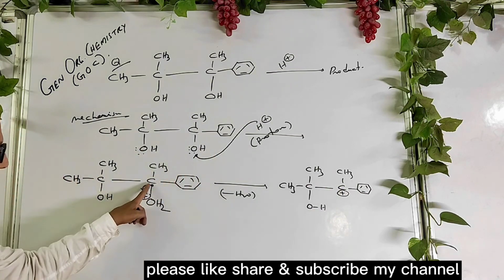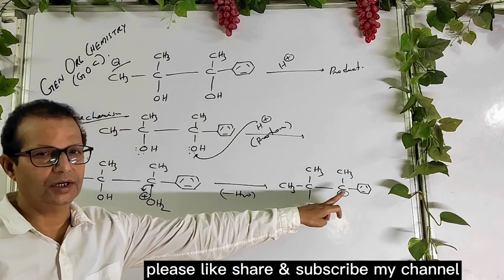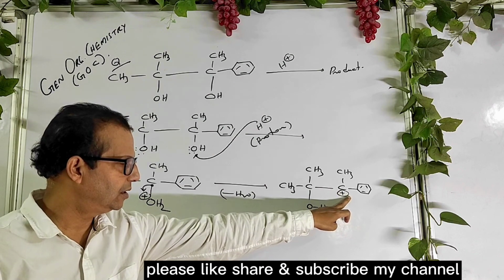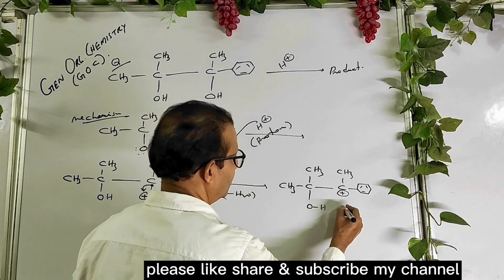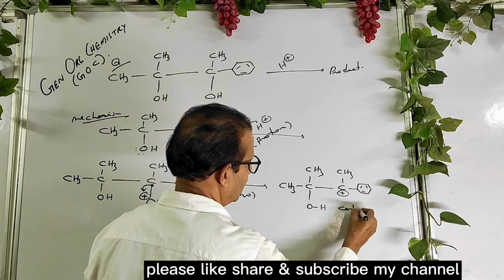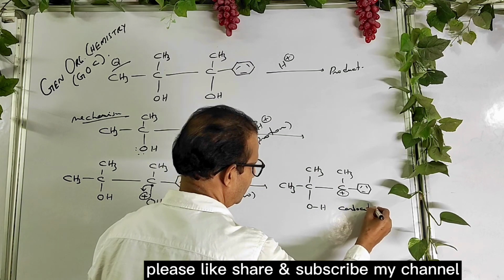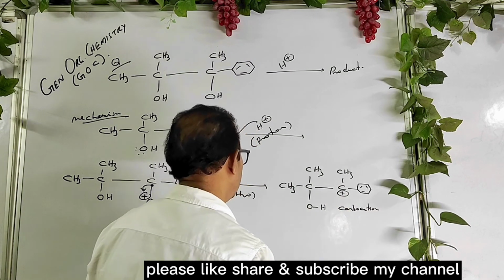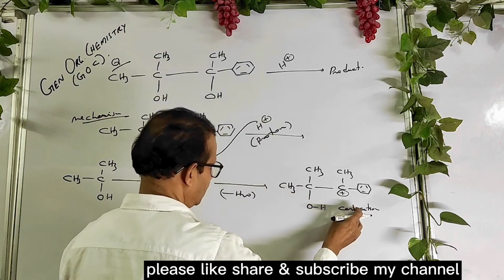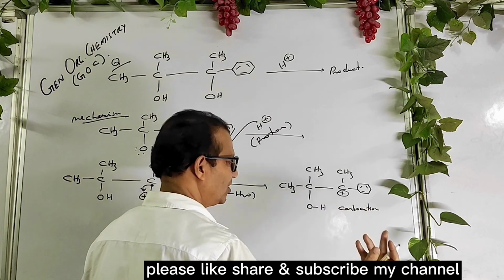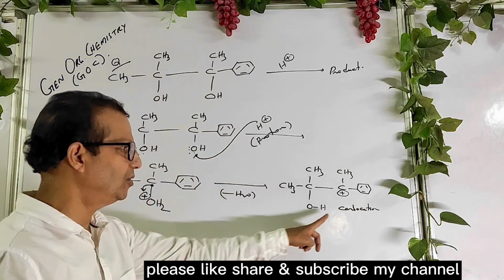Losing of electron makes this carbon positive charge, so you get carbocation as intermediate. Sometimes you can say carbocation, sometimes carbonium ion, both are correct.